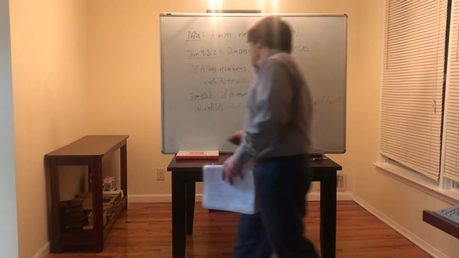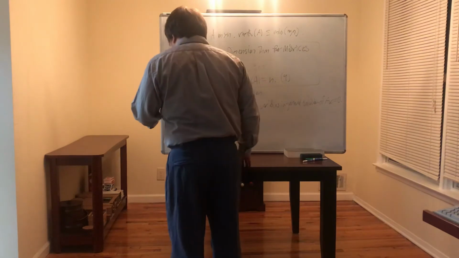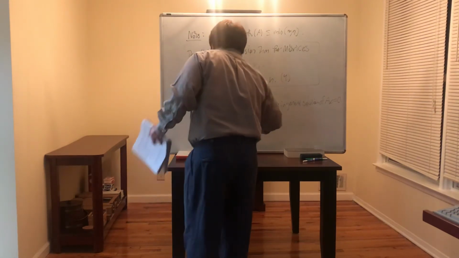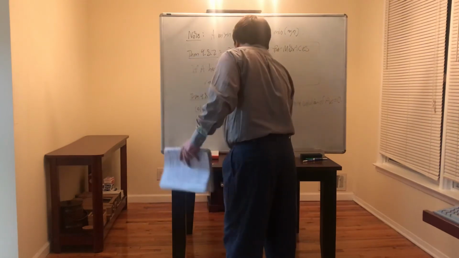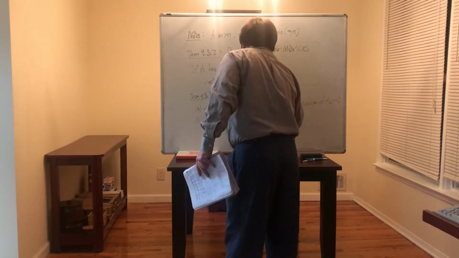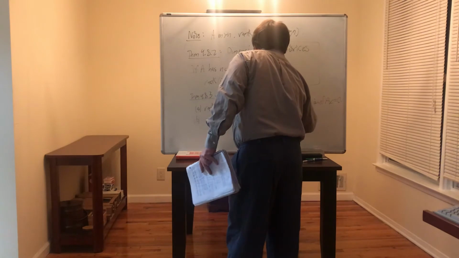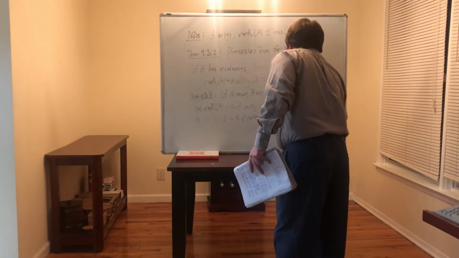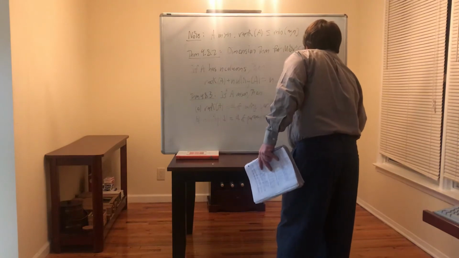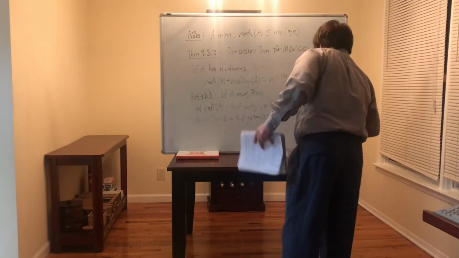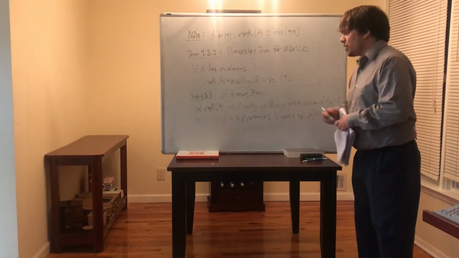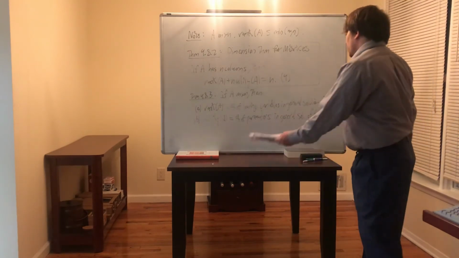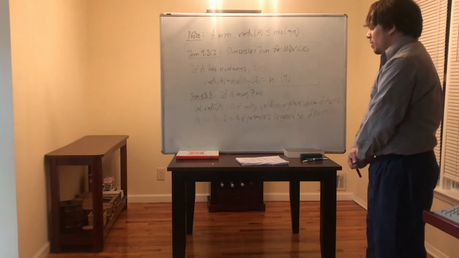And part B: the nullity of A is equal to the number of parameters in the general solution of AX equals 0. So the rank of A is equal to the number of leading variables in the general solution of AX equals 0.